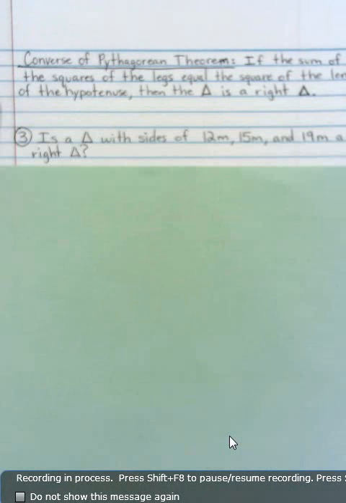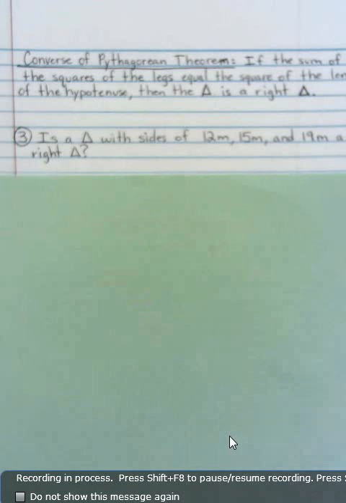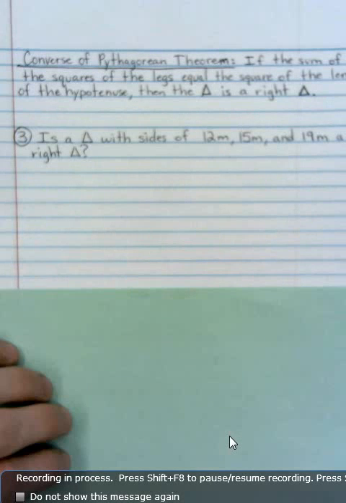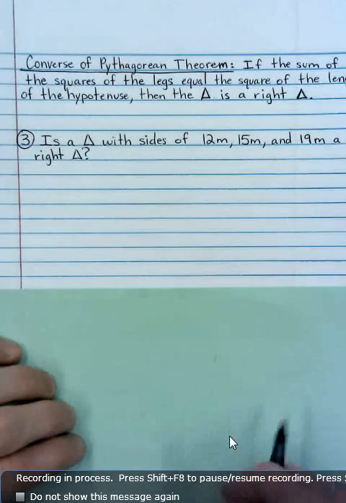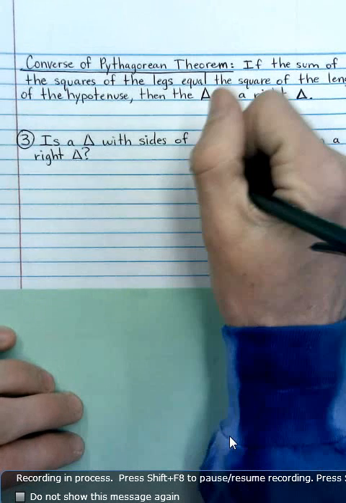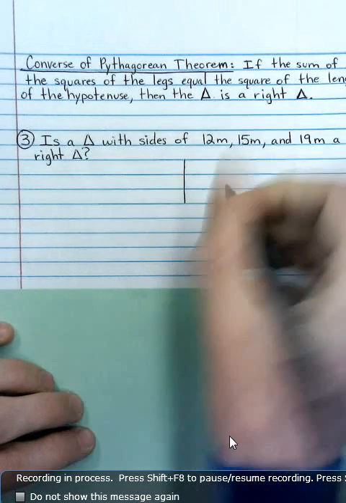So let's use this in an example. The question is a triangle with sides of 12 meters, 15 meters, and 19 meters a right triangle? Let's draw this out. We obviously know that we've got two legs and we've got a hypotenuse.